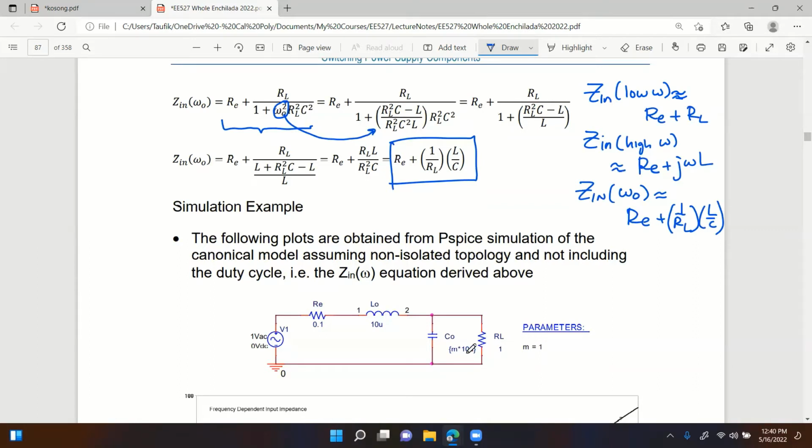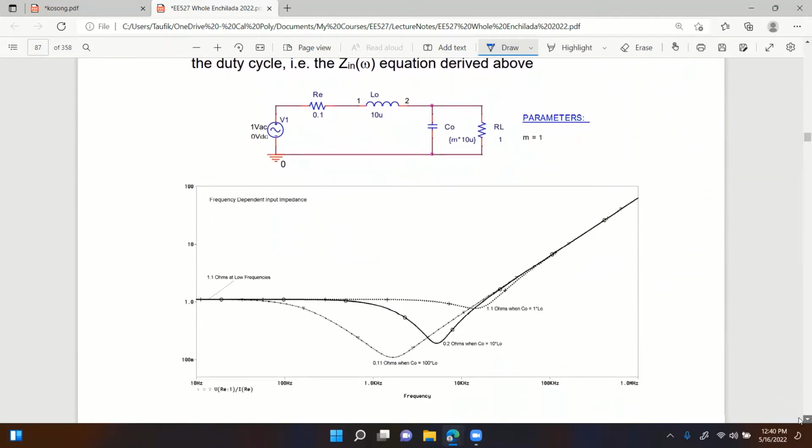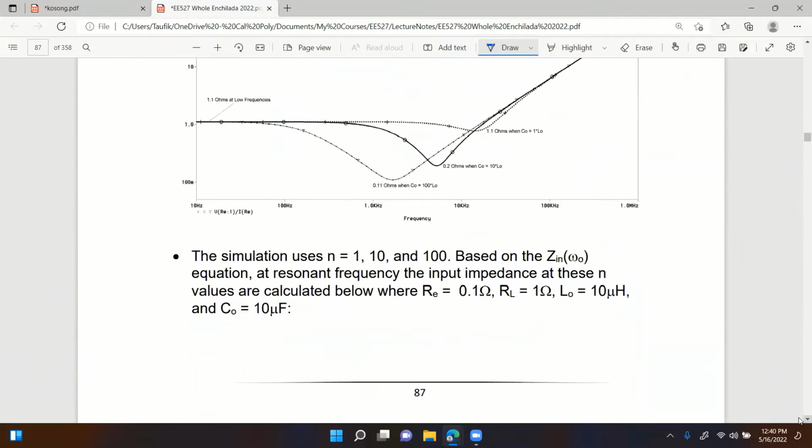Where M is equal to, what is M equal to? Right here, this is actually M. Can you fix this in your book? This is actually M. So M is the ratio of capacitor and inductor, you can see from here.